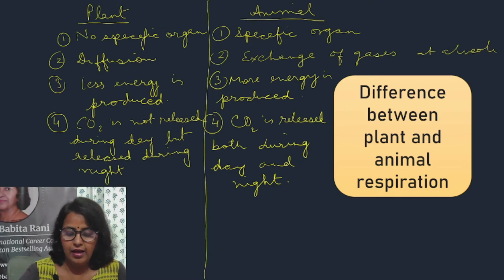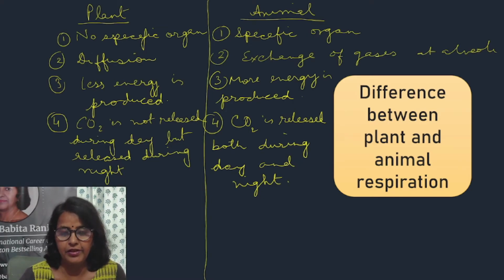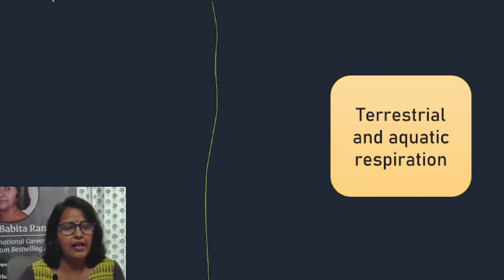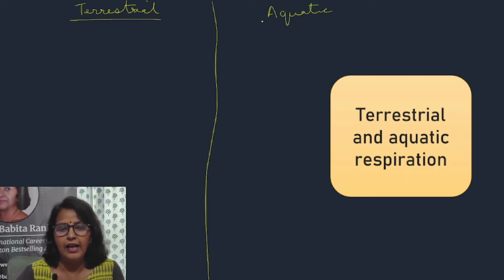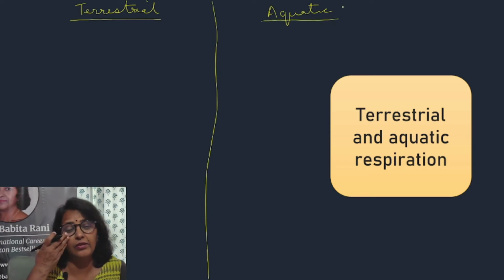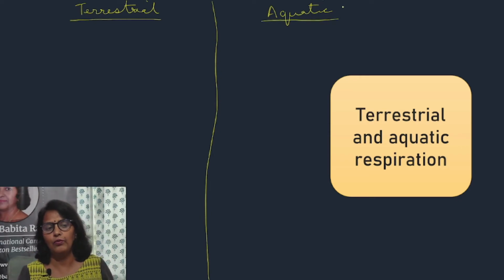Let us see what happens in terrestrial and aquatic respiration in case of animals. As you know, terrestrial means it is taking place on the land. So terrestrial respiration is taking place in those animals which live on land, and aquatic respiration takes place in those animals which live in water.